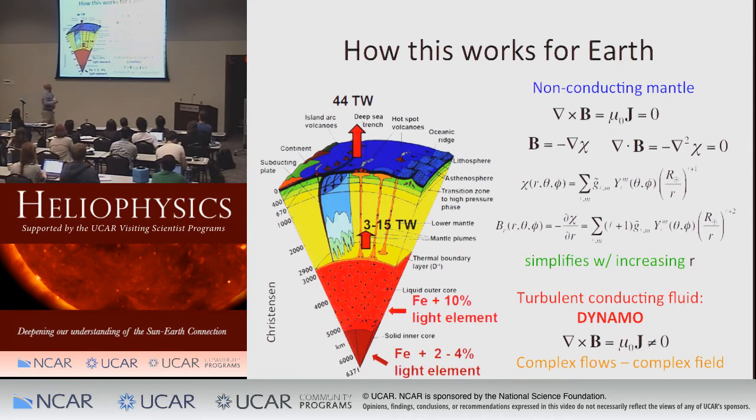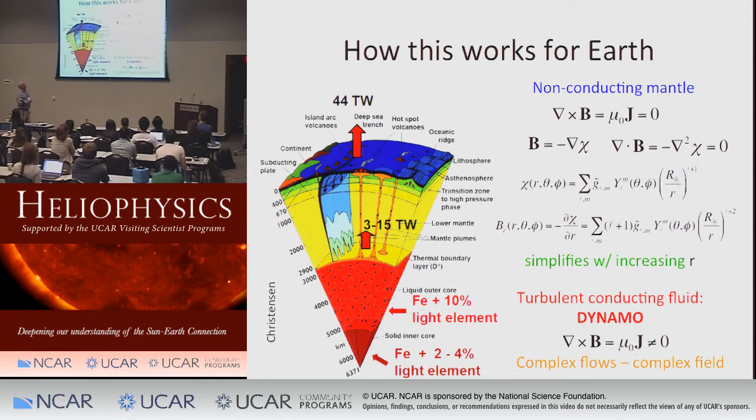The important thing is l goes from, realistically, 1 to infinity, because 0 would be a monopole term. And assuming there are no magnetic monopoles inside the Earth, the l equals 0 term is gone.